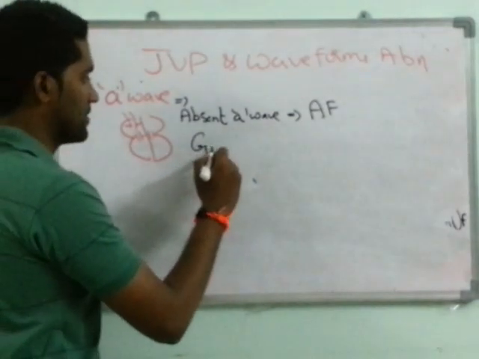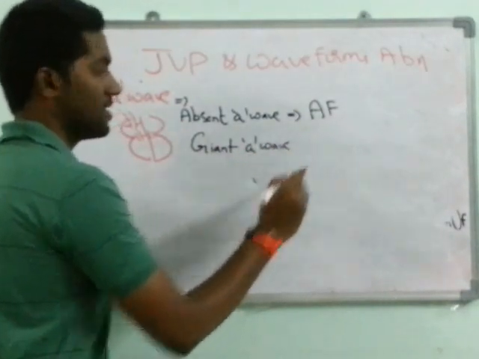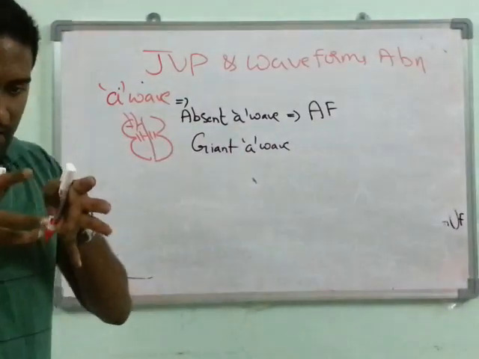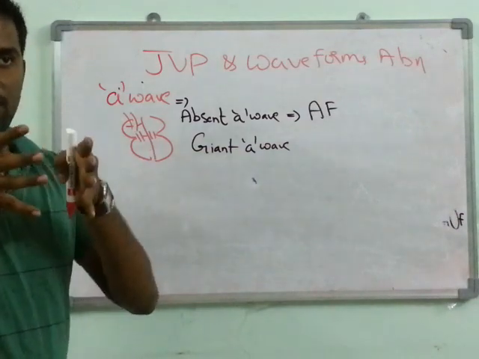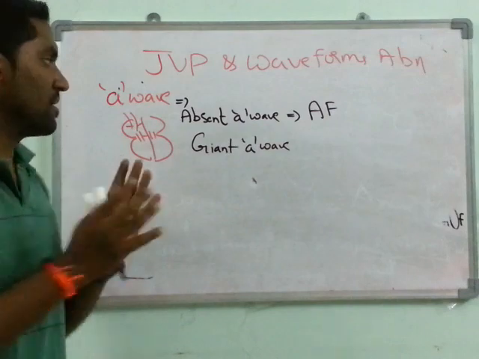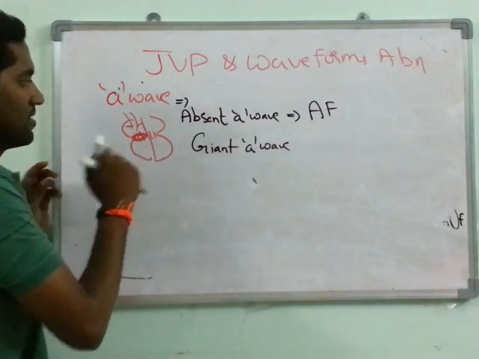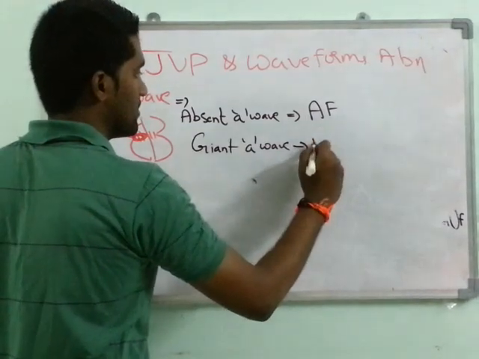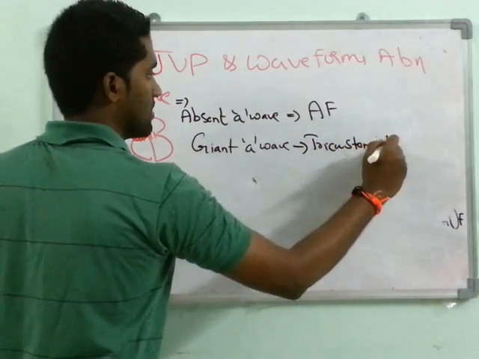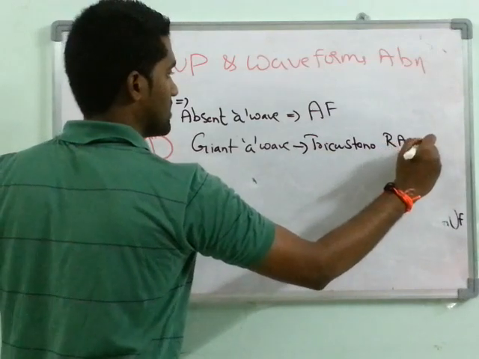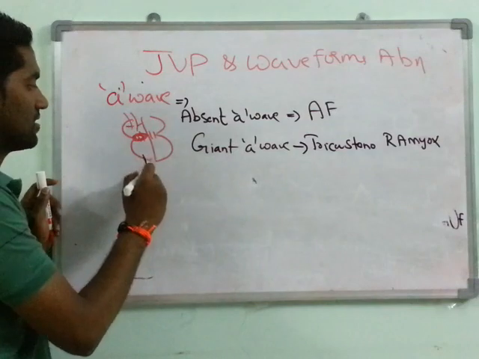Giant A waves. Whenever atria tries to contract more, so whenever there is an obstruction or whenever there is an impedance to flow of blood, there will be giant A wave. So the obstruction can be at this level in the form of tricuspid stenosis, right atrial myxoma, or there can be resistance here also.